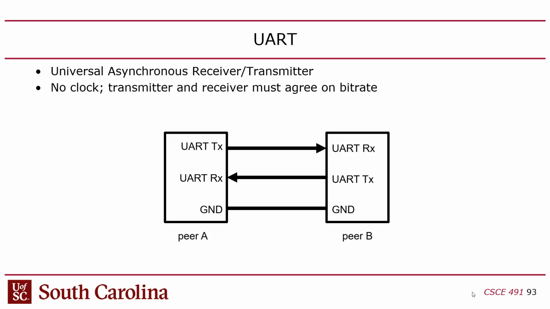But this is slow. So what happens is the statistical likelihood of you entering metastability is a function of the clock period. If your clock period is small, like SPI, you are very likely to read and write at the same time. But if your clock period is extended and you have a very, very long bit time, then basically the ratio between the clock period and the edges is extended.